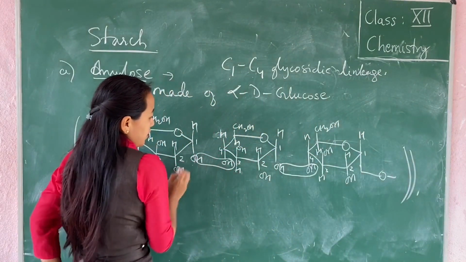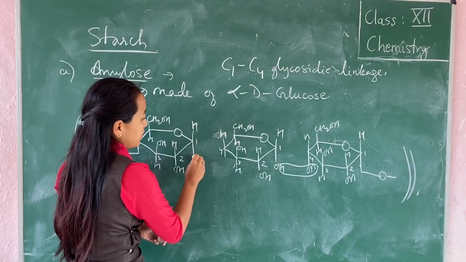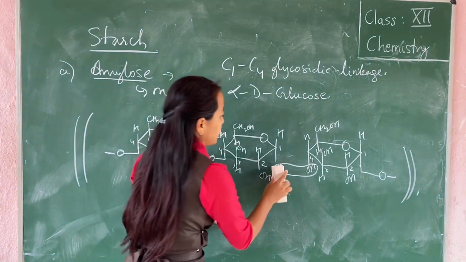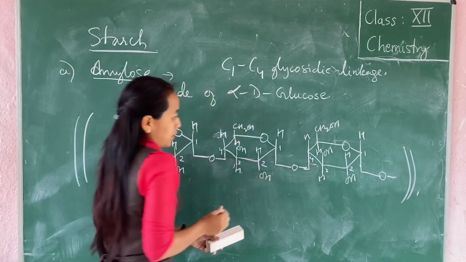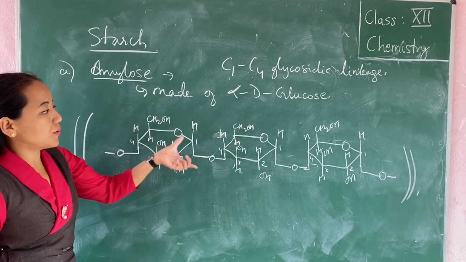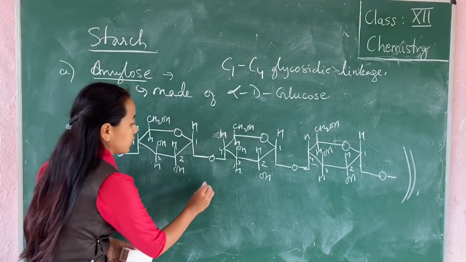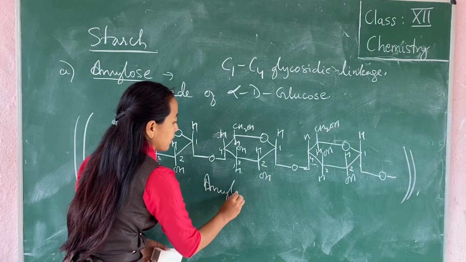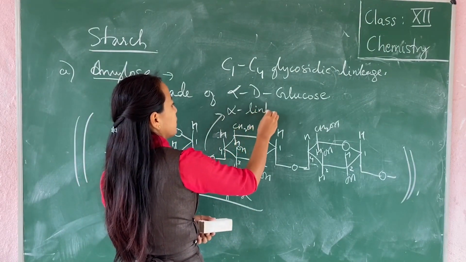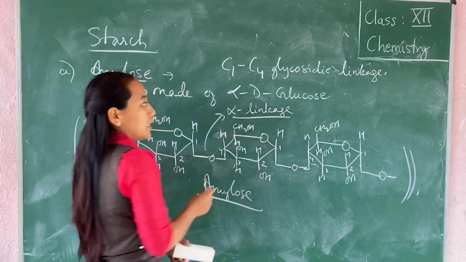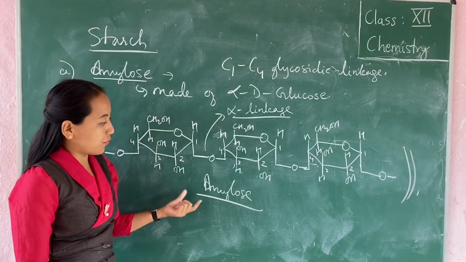So you can write it as a glycosidic linkage through this oxygen atom, here also. So you can see that the glucose units are joined together in a straight chain. So this is the structure of amylose, which has alpha linkage. The linkage is between alpha D glucose units, therefore alpha linkage. So that's about the structure of amylose.